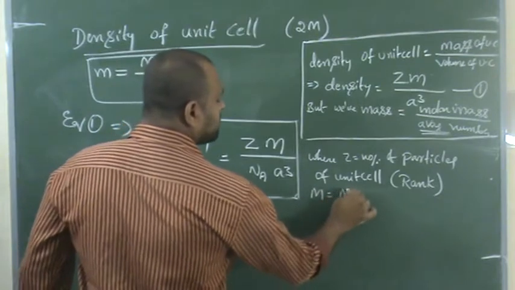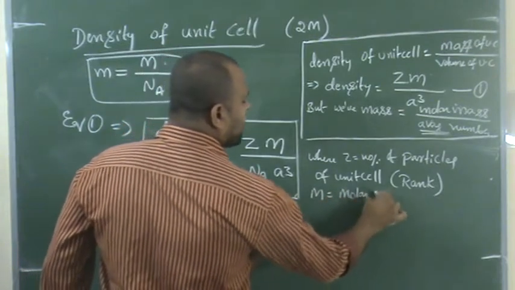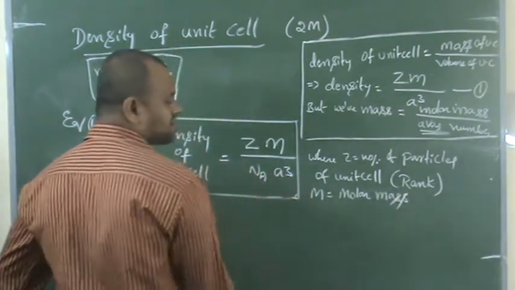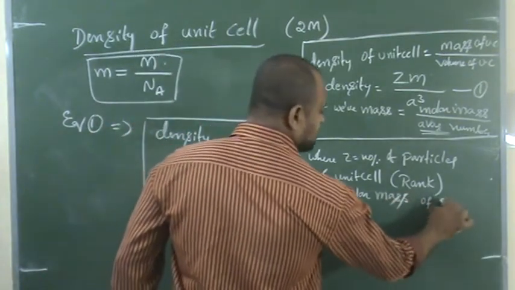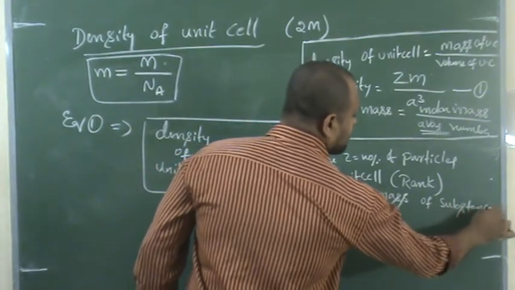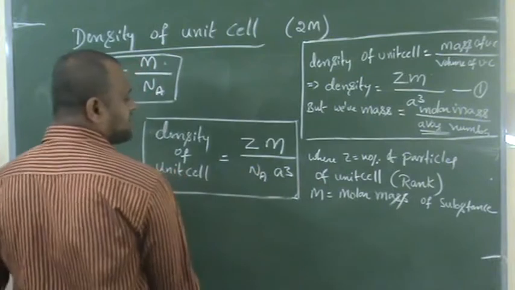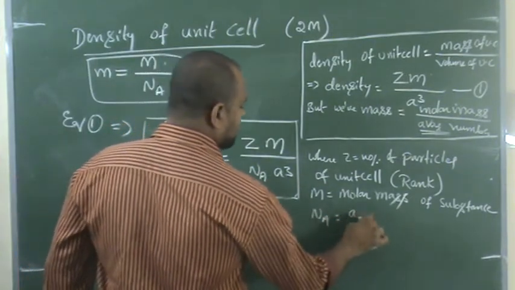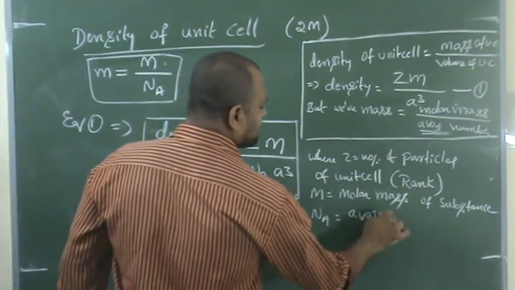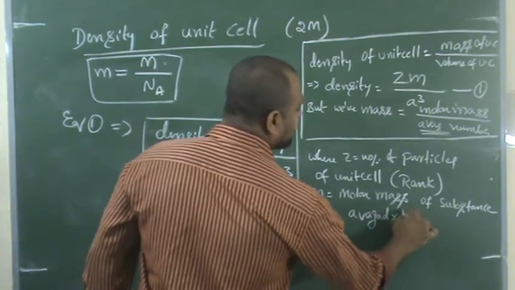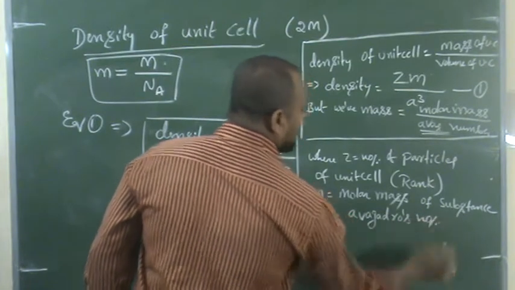M is equal to the molar mass of the substance. Na is equal to Avogadro's number.